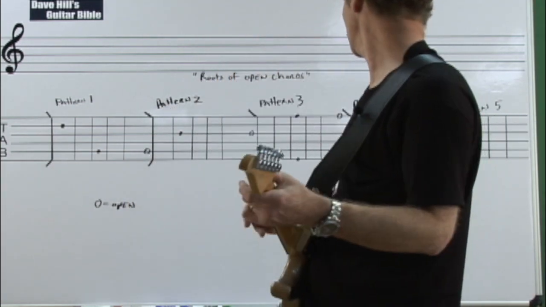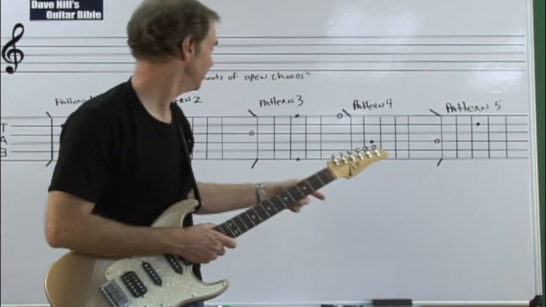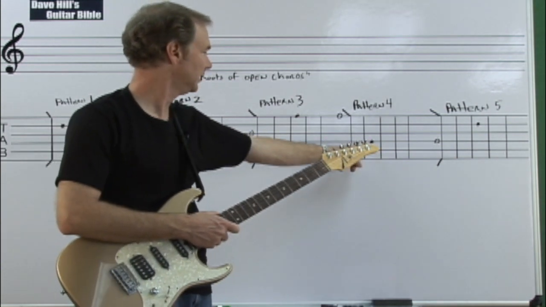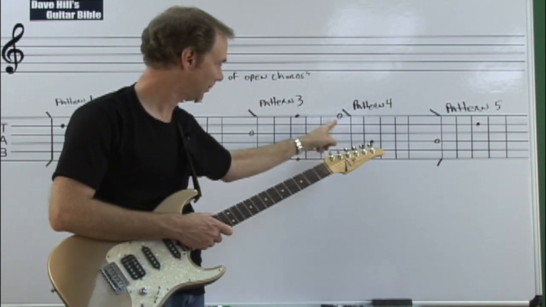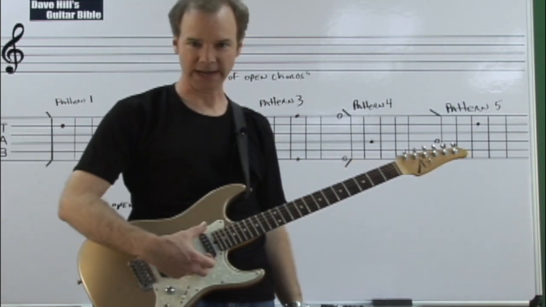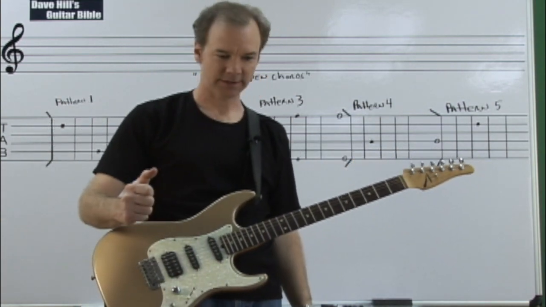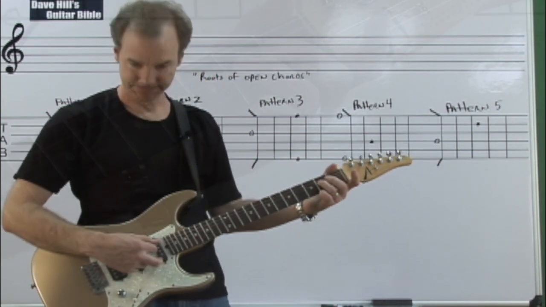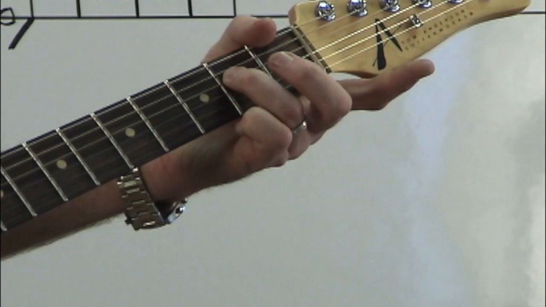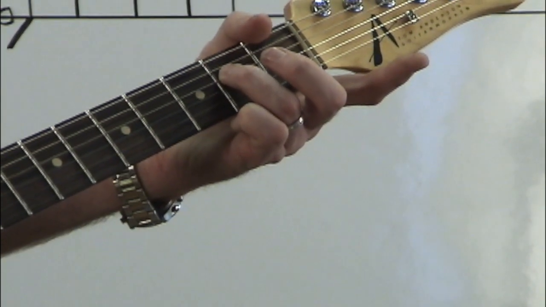Okay, moving on now to pattern 4, you'll see we have another 3 roots, but 2 of them are actually the open strings, the open E. Right? So the inside root that we can grab is right there on the 2nd fret of the D string.